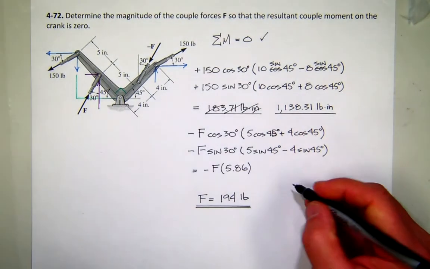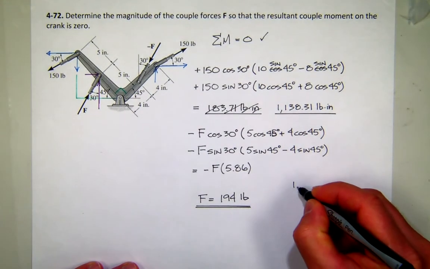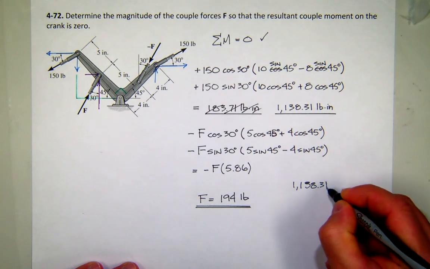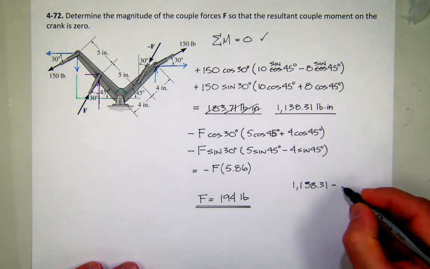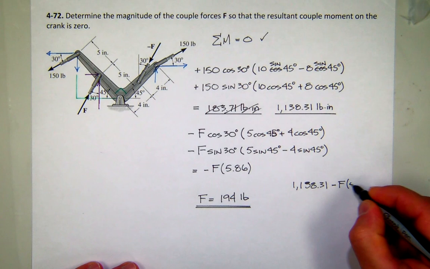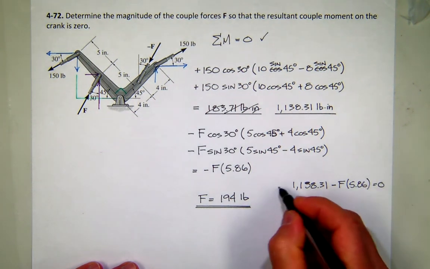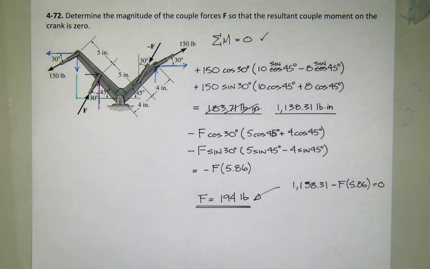You see that? So 1138.31 minus F times 5.86 equals 0.